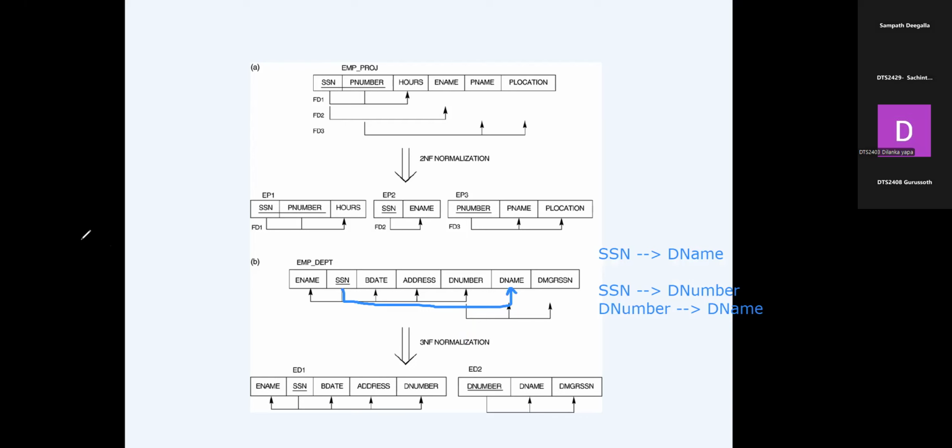So you can see in this particular case, we have a transitive dependency. Going from here, we can go through the department number. Therefore, this is not in the third normal form. When you have a transitive dependency, your relation is not in third normal form.